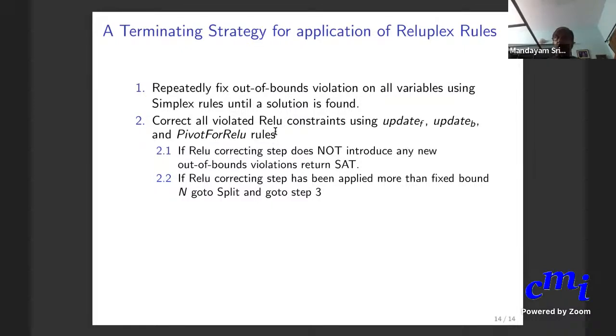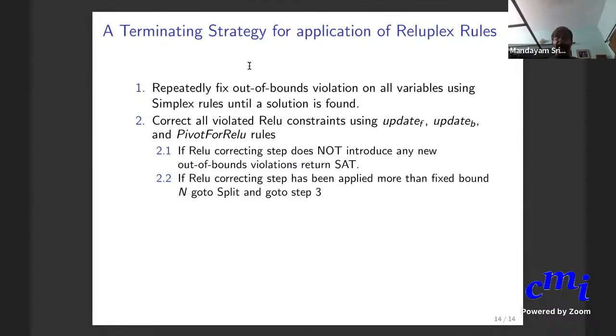But there is no guarantee that this fixing step of updating the forward and backward nodes may not end up violating. You may end up never being able to fix it, because here you're updating not based on LP calls, but by just fixing the ReLU constraint. So it is possible to end up looping here.